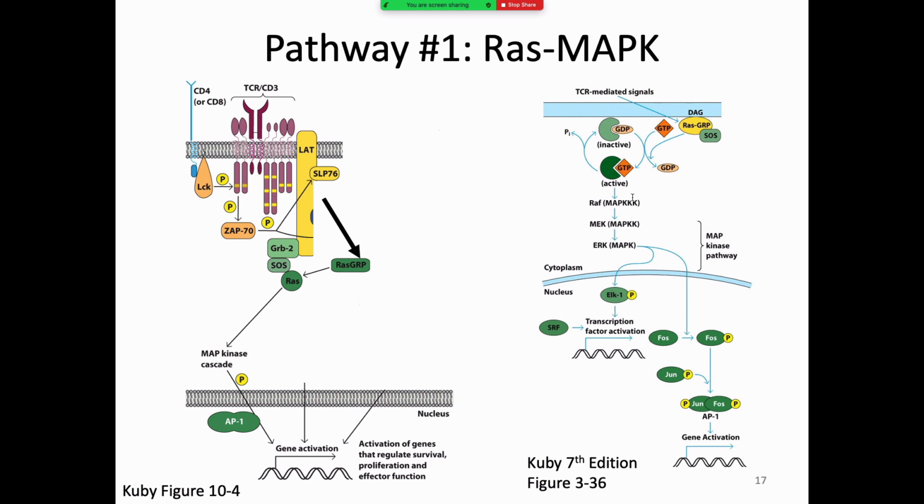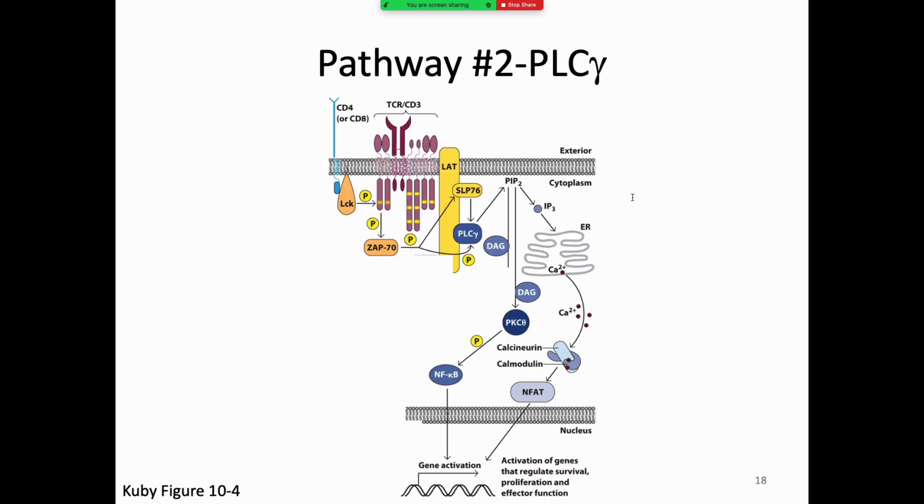Okay, so this is one thing that happens downstream of LAT and SLP76. And it gets us one of our transcription factors. We're now going to look at another thing that happens downstream of LAT and SLP76. So here you can see we're going back up to LAT and SLP76.